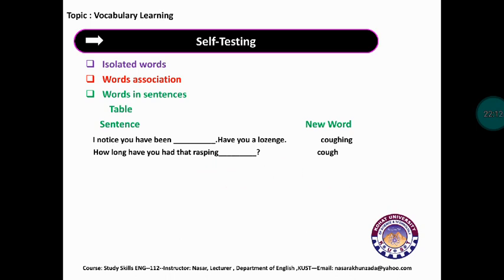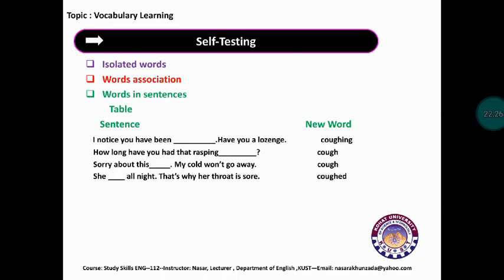New word: cough. Sorry about this. Blank space. My cold won't go away. New word: cough. She blank space all night. That's why her throat is sore. New word: cough.